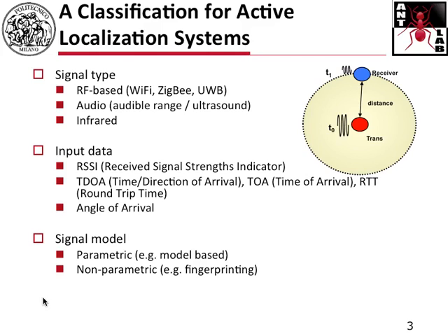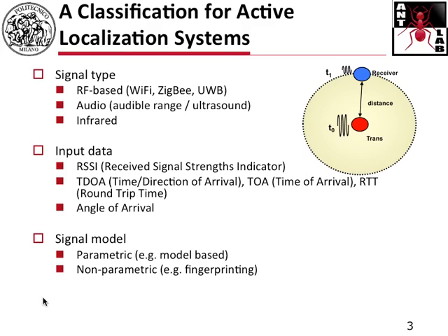These are the most common three technologies which can be used to handle the exchange of information between the anchor nodes and the client node. Then, regardless of the specific technology, you can decide what kind of quality measure of the signal to be used to get information on position.